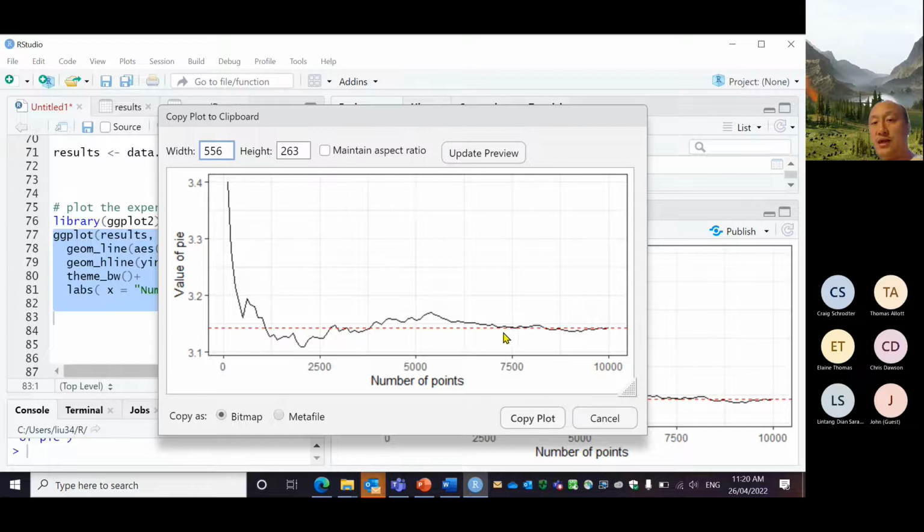But when we have like 7,000 or 8,000 points, the value is kind of stable around 3.14. The last one, when we have 10,000 points in the experiment, is pretty close to 3.14.